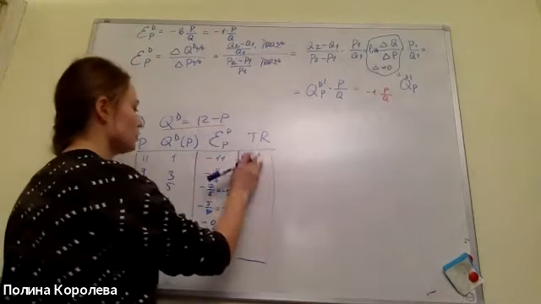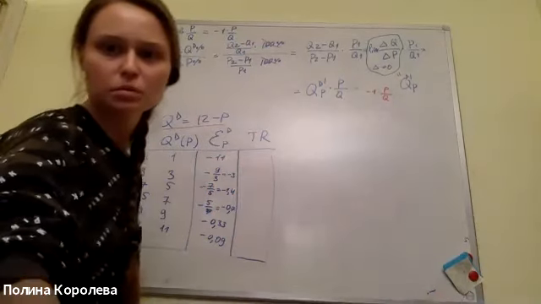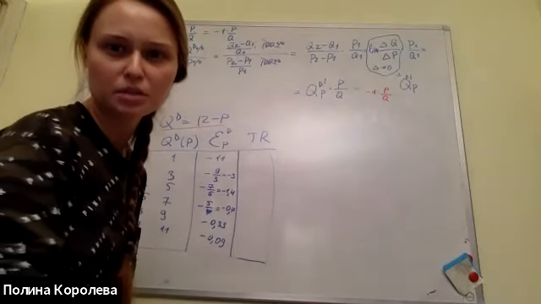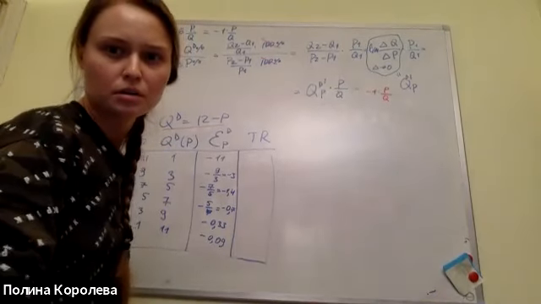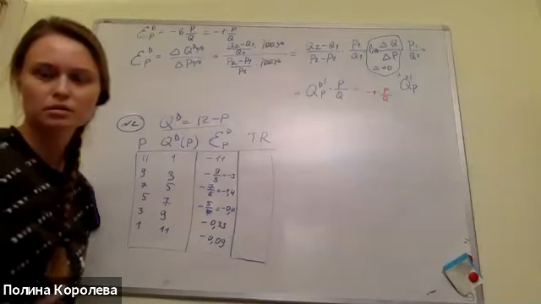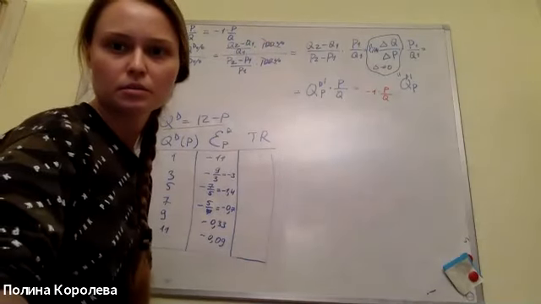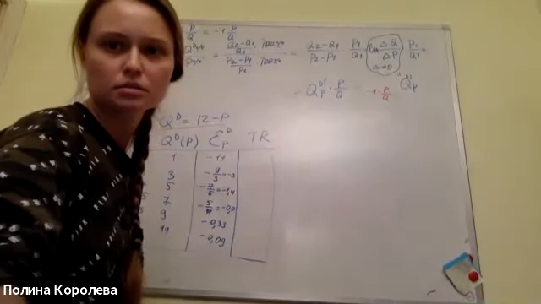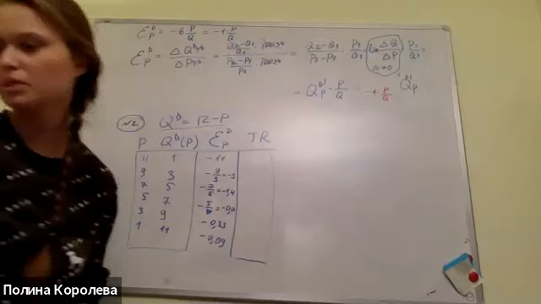Then, what about total revenue? Who wants to answer? Amina? No? Okay. Valeria, please. Total revenue for 11 will be 11.